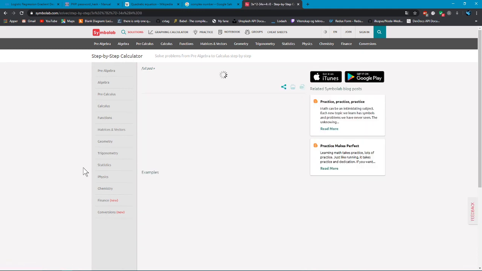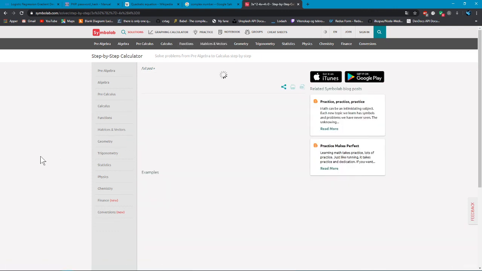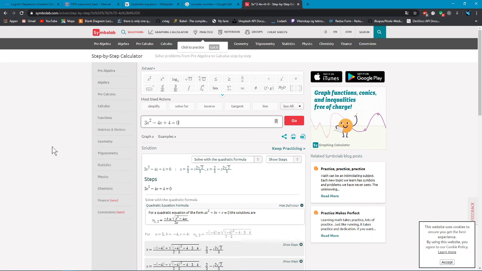Maybe we get a complex number. No, we didn't get a complex number. So we can say this minus 4. Now we got the complex number.